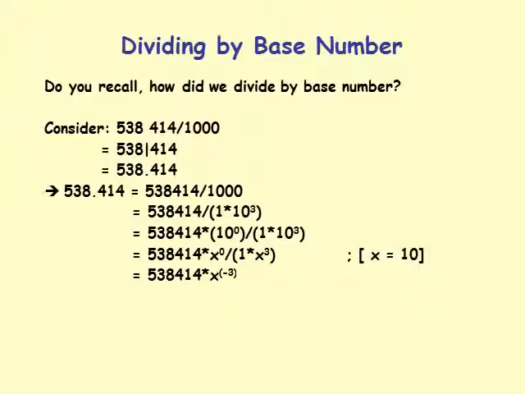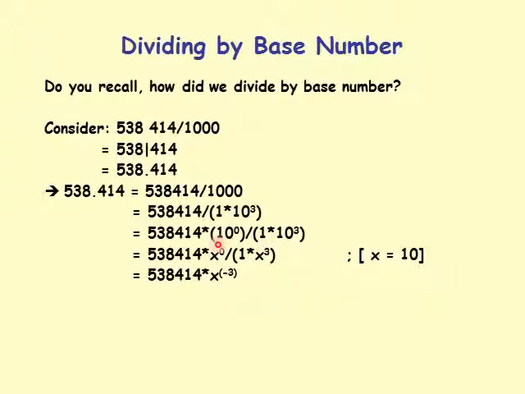Okay, let's continue here. So we did say that we're going to divide the coefficients, as in the algebra video. 538414 divided by 1 is 538414, and we subtracted the exponent values. The exponent in the numerator is 0 and the exponent in the denominator is 3.